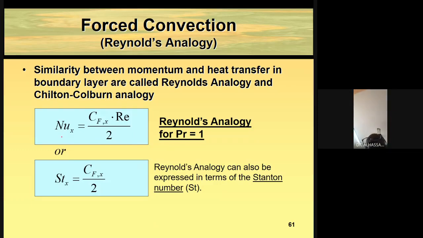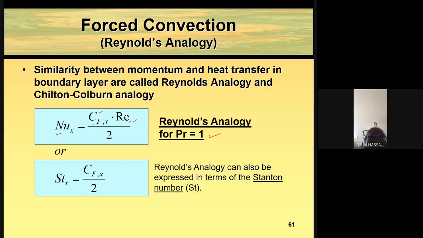Or the Chilton-Colburn analogy mentioned that the relationship between the Nusselt number and skin friction coefficient is given by this particular equation: skin friction coefficient as the Reynolds number of the fluid divided by 2. But this is subject to the condition that Pr should be equal to 1. You understand me? So when Pr equals 1, then this equation is valid.